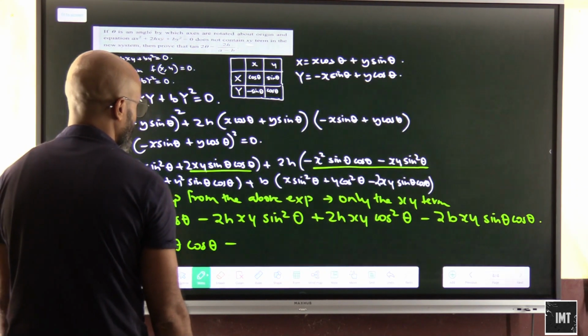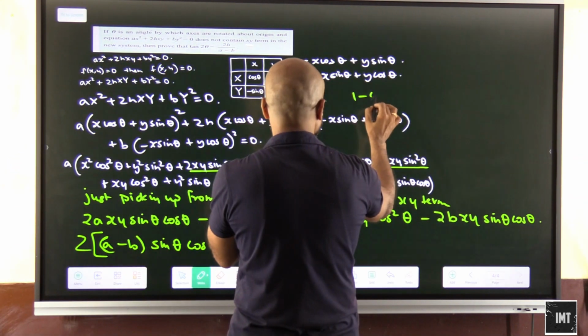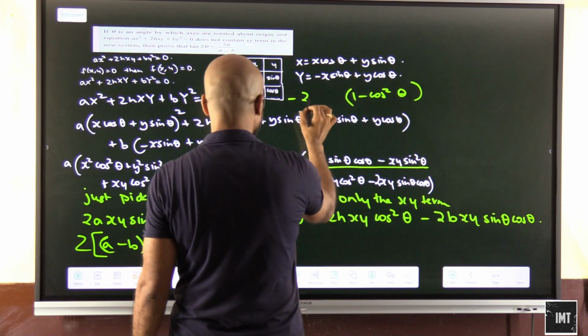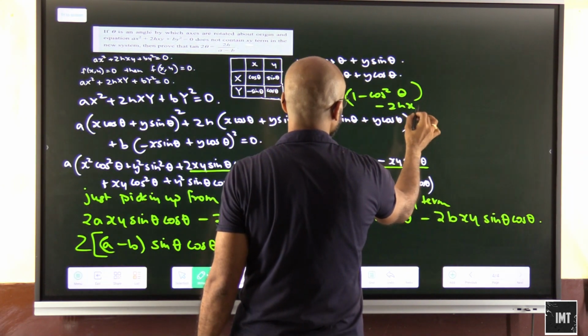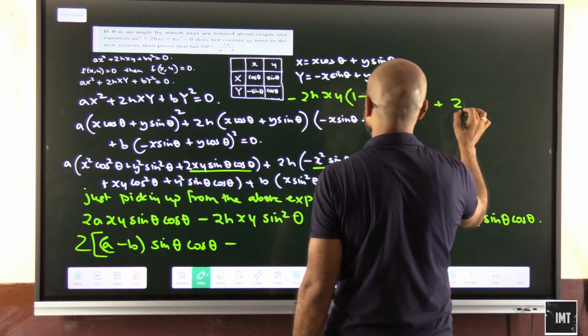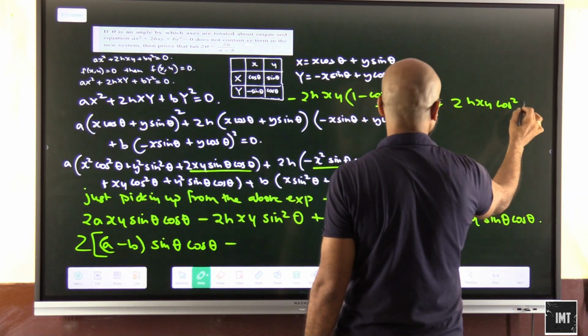So in place of sin square theta we can write 1 minus cos square theta, so this will be minus 2hxy plus 2hxy cos square theta.